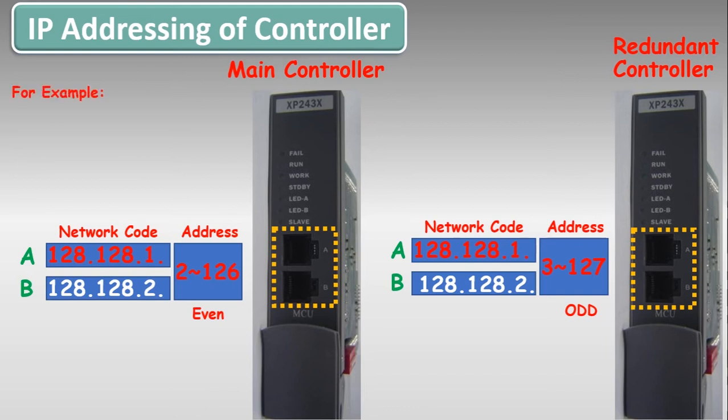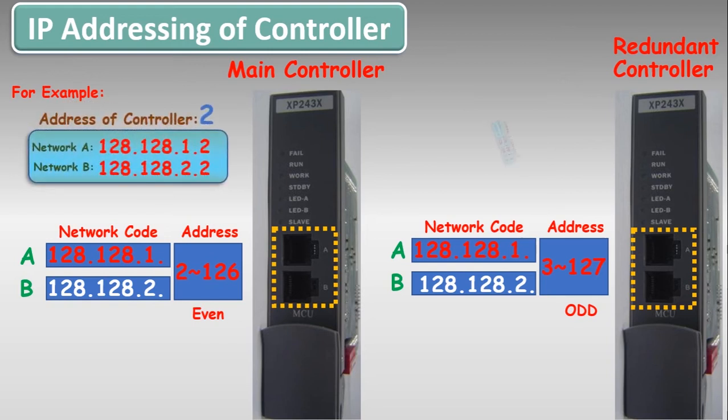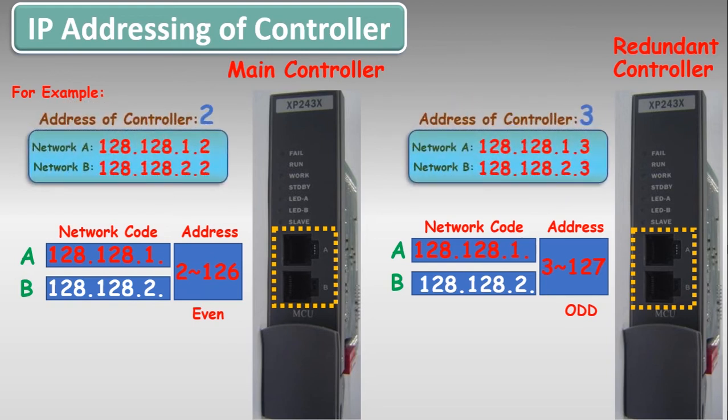Let's see some examples. If the address of the controller is 2, its network IP for port A will be 128.128.1.2 and the network IP for port B will be 128.128.2.2. Similarly, its redundant controller has address 3 and its IPs are 128.128.1.3 and 128.128.2.3 for port A and B respectively.